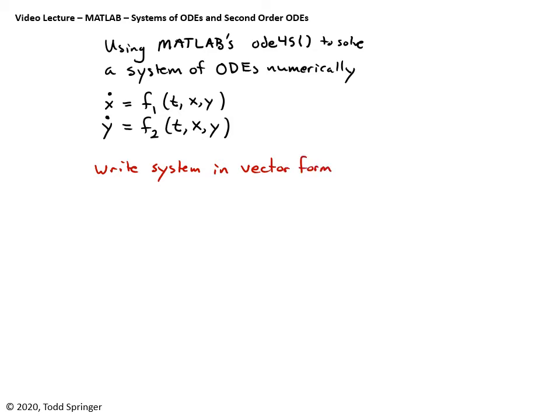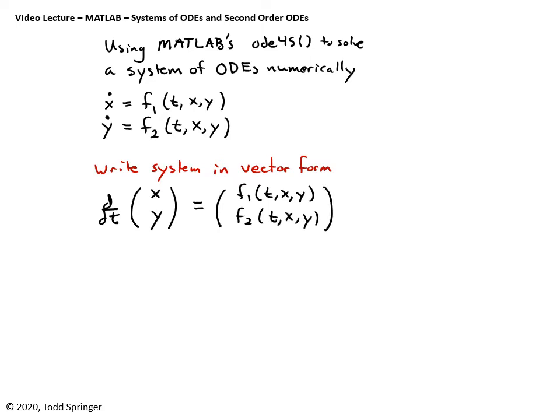So I'm going to write it like this: d by dt on the left side, and I'm going to have x and y here, equal to f1 of t, x and y, and f2 of t, x and y. So the top row is the first ODE, and the bottom row is the second ODE.